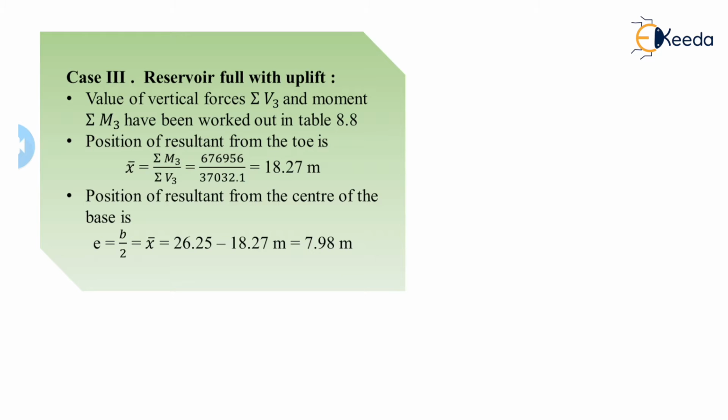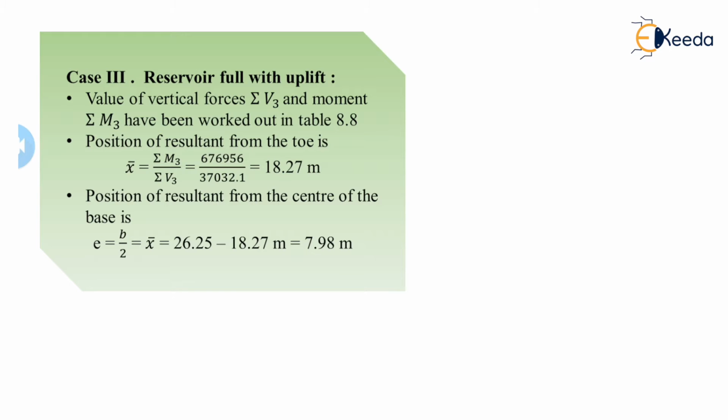Here, when we consider the uplift forces also, we have to take the summation of V1, summation of V2, and summation of V3. We add all three summations of vertical forces. So finally we get x bar as 18.27 meter.